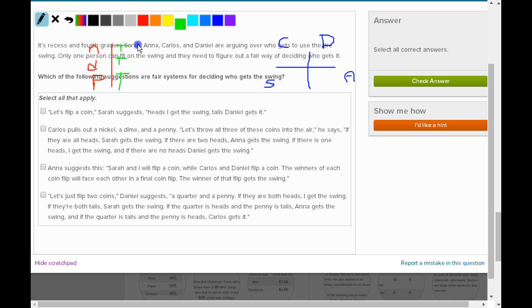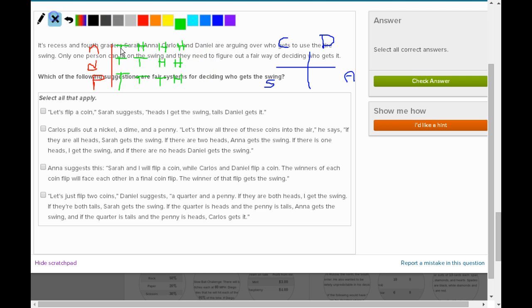We could get heads, tails, tails, heads, heads, tails, and we could get heads, heads, heads.